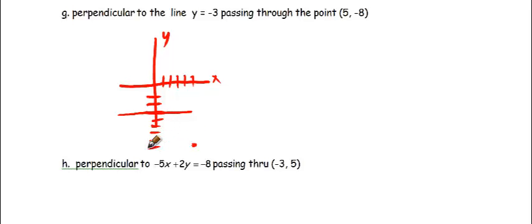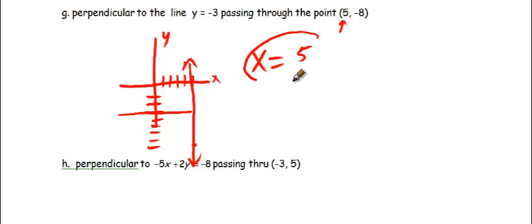Being precise at the point is not that important, but it is important to tell if I want to be going this way or this way through the point. So I'll be perpendicular to this line, which means I want to come through here like this, meaning I have a vertical line. If you want to be perpendicular to a horizontal line, it better be a vertical line. So a vertical line, always x equals. What is x equals? Well, the only value we have for x.